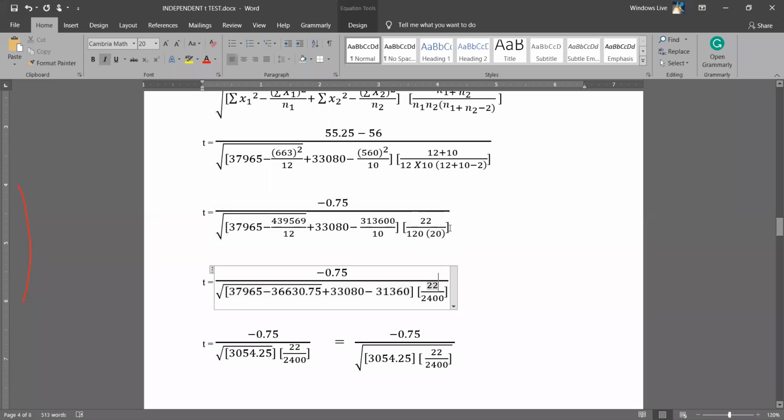There's another bracket here only for 22 over 120 times 20. When you multiply 20 by 120, it's 2,400. Then you add and subtract the values in the first bracket, and you will get 3054.25. Then you get another bracket here, which is 22 over 2,400.